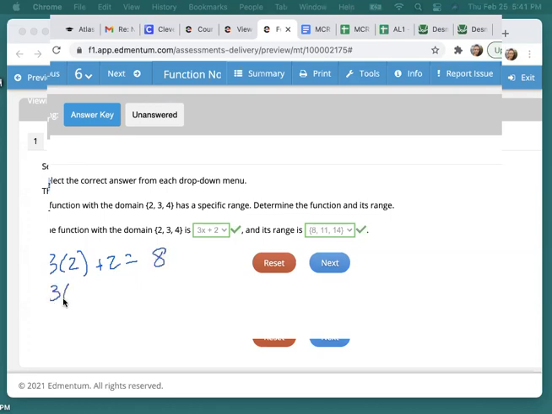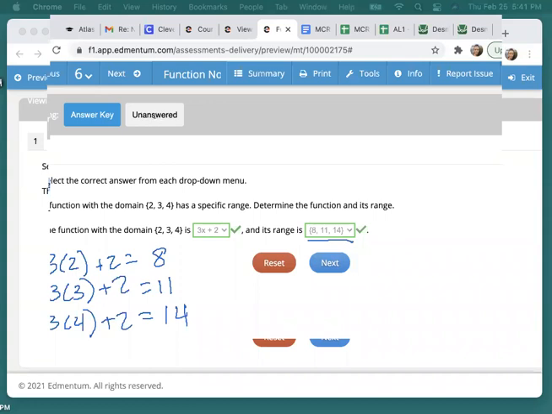And if I plugged in 3 for x, 3 times 3 is 9, plus 2 is 11. And if I plugged in 4 for x, 3 times 4 is 12, plus 2 is 14. So that's how you get the numbers over here.